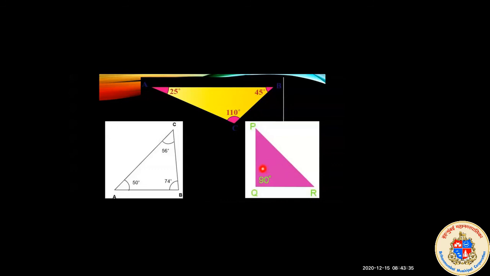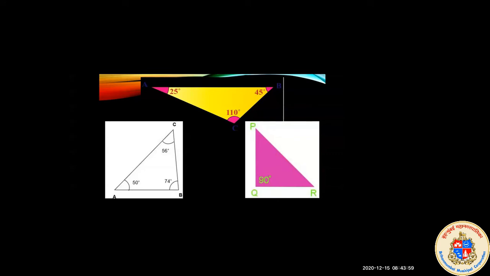Why? Because one angle over here is 90 degree and the other two are less than 90 degree. You understood the concept: one angle of this is 90 degree and the other two will be less than 90 degree.